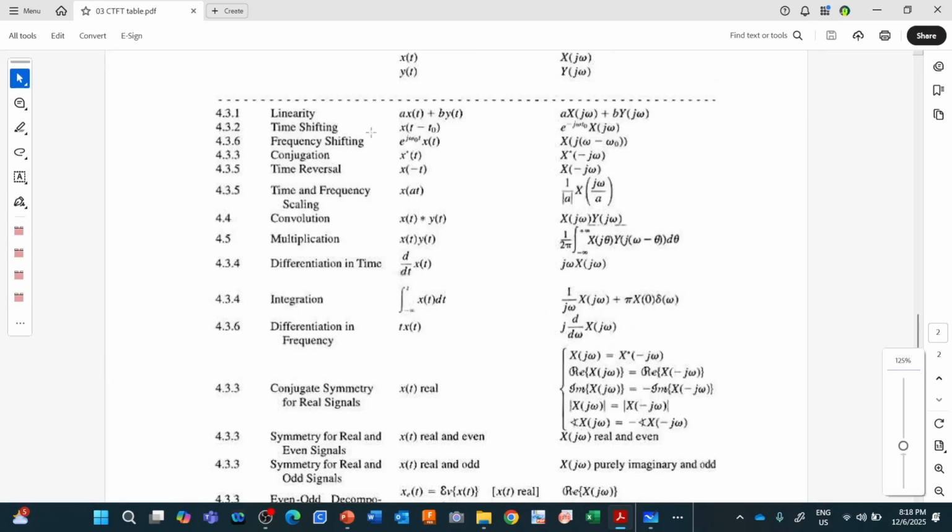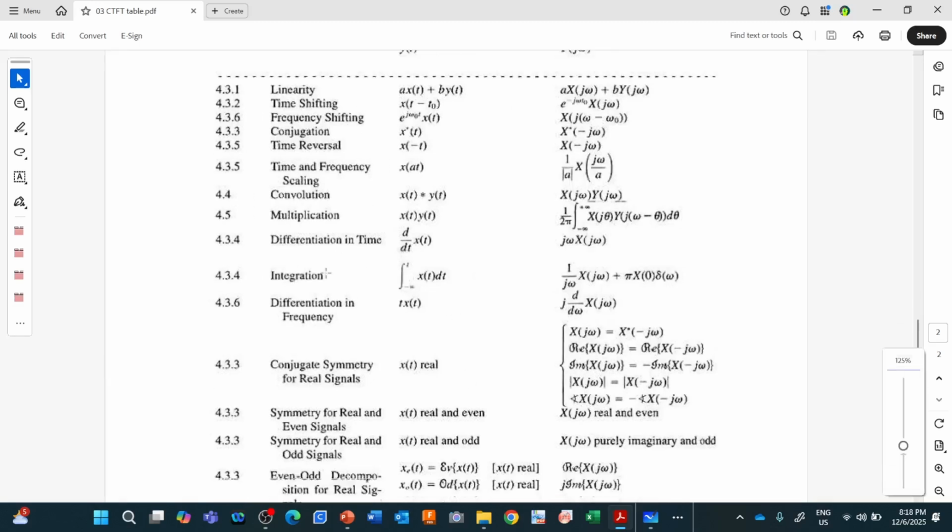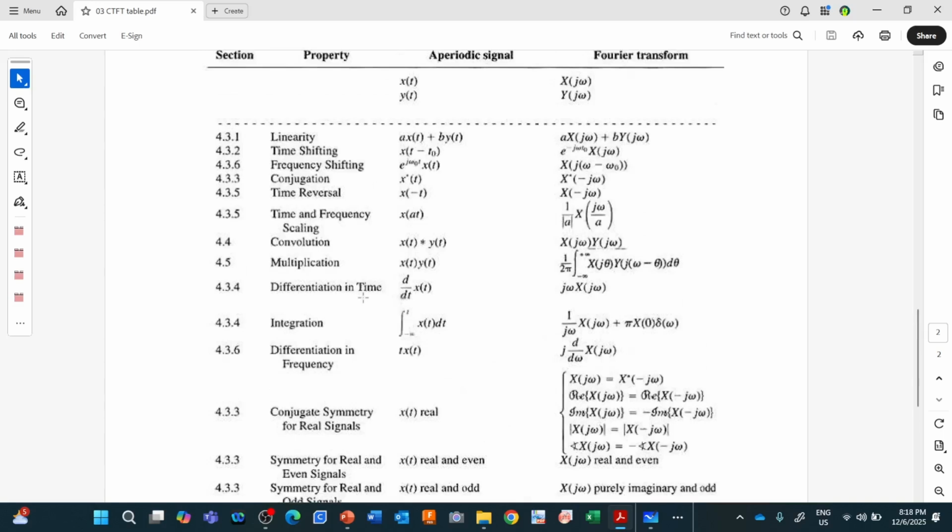So for the scaling, where is it? Yeah, 4.3.5, a bit slow. Okay, here, this one. You have time scaling, property scaling. So this is the Fourier transform equation for it.